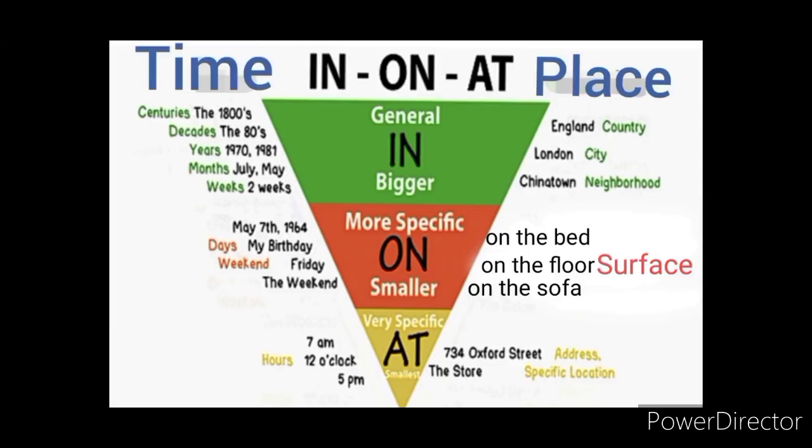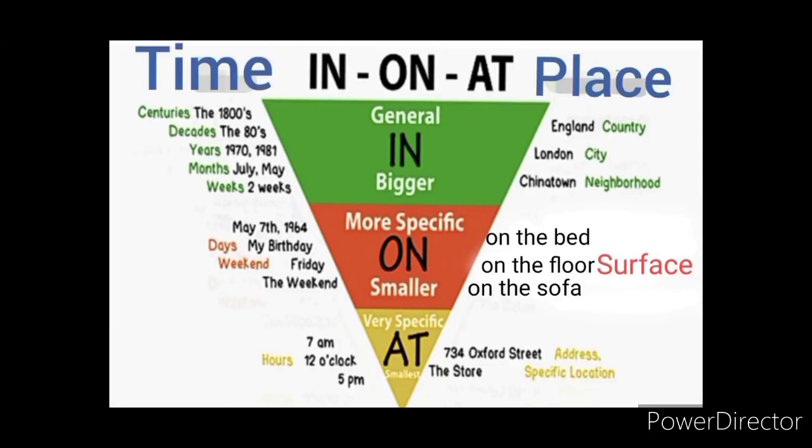Right? Moving ahead with preposition on. Preposition on is used as preposition of time when we talk about days, dates or special days. Right? And it is used as preposition of place when one object touches the surface of the other.